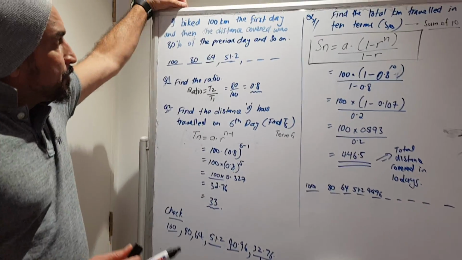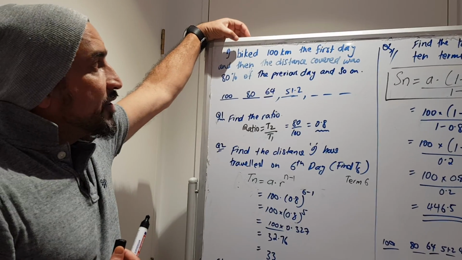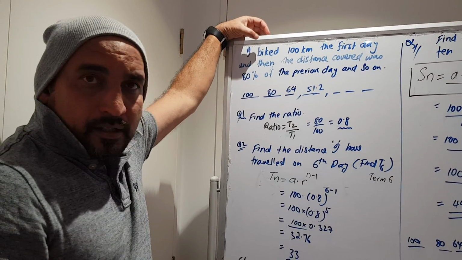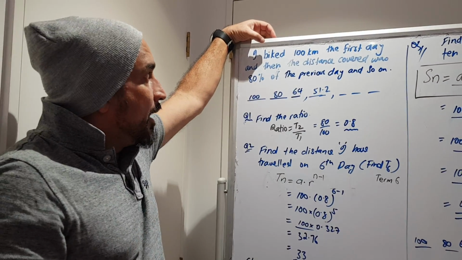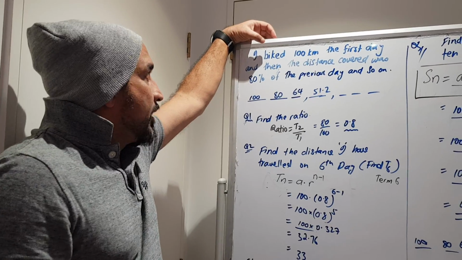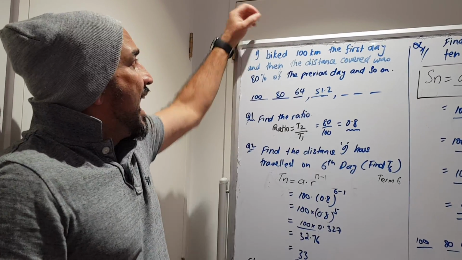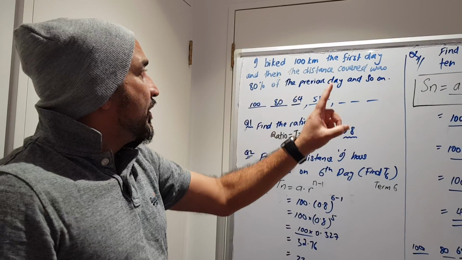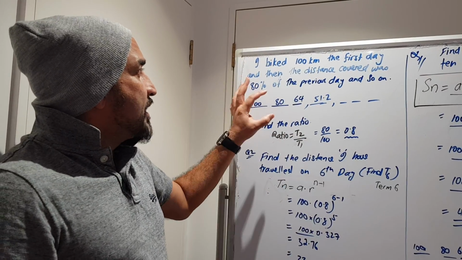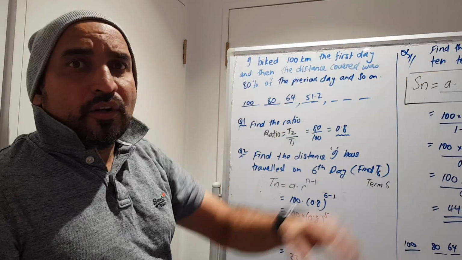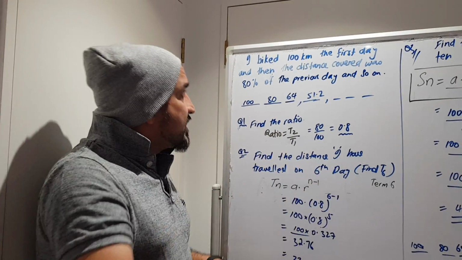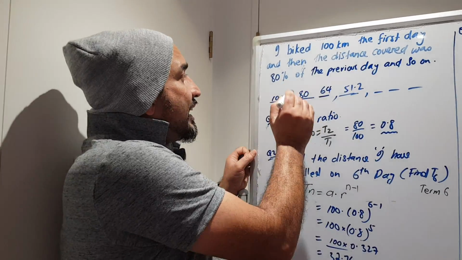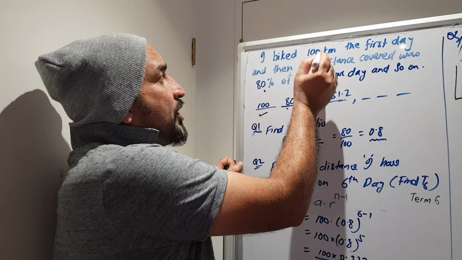If I say I biked 100 kilometers the first day, so my first day I'm cycling and I biked 100 kilometers, and then the distance covered was 80% of the previous day and so on. So first day is 100, second day is 80% of the previous distance.